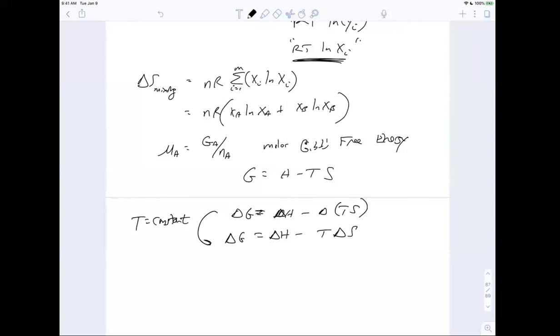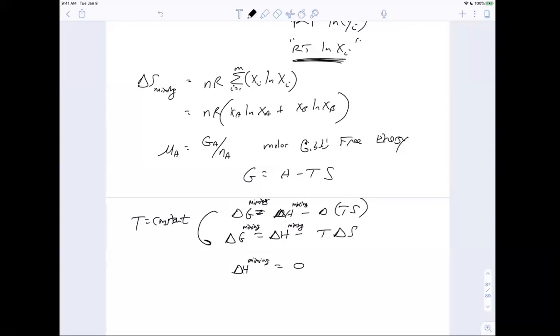temperature. And so actually, I should say, this is for mixing. My apologies. This is for mixing. So what would delta H mixing be for ideal gases? At constant temperature, it would just be zero.